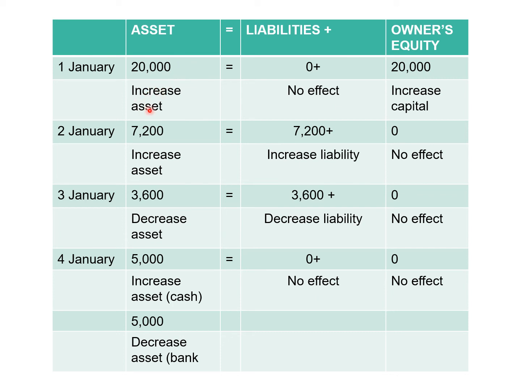So increase asset 20,000. So equal here. Untuk liability, dia tak ada effect sebab dia tidak melibatkan duit orang luar yang bagi dekat dia. And then untuk capital, owner's equity increase. So kita akan increasekan capital.